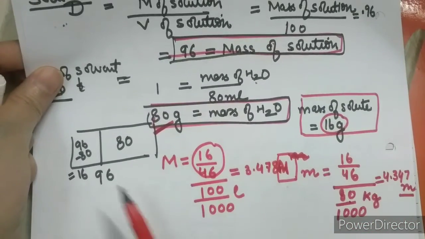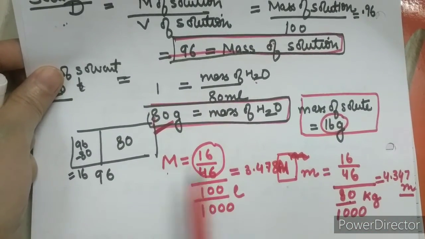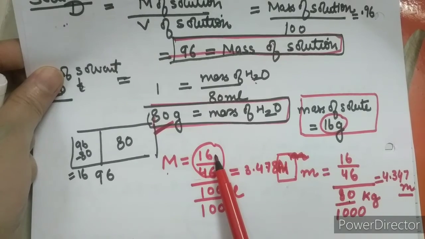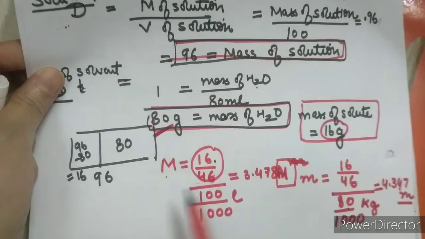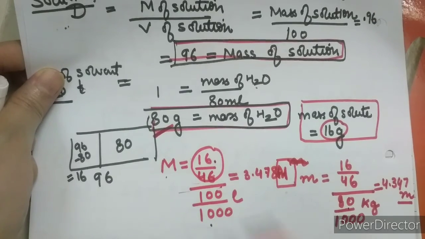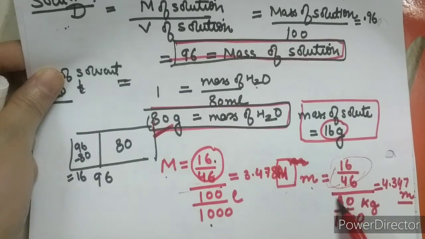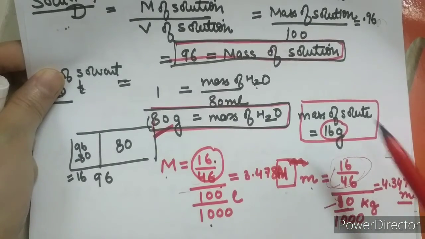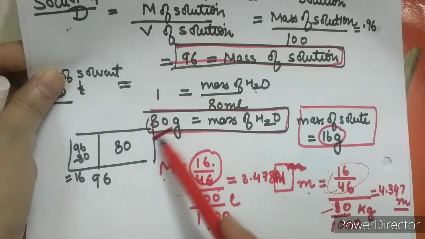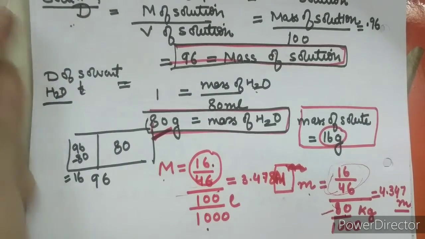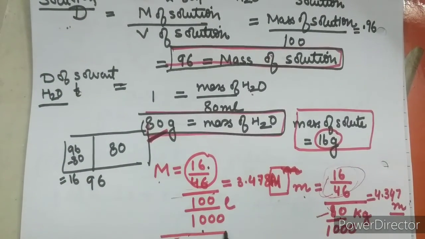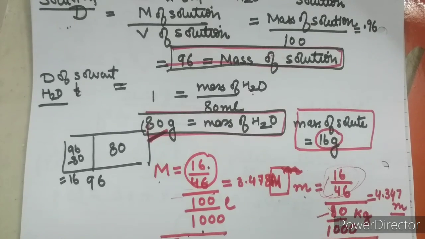Then we can easily apply the formula for molarity, the number of moles, because we have the mass of solute as 16, divided by the volume of solution, which was mentioned in the question. Molality is the number of moles of solute divided by the mass of solvent, which I found from the density of the solvent. So we could easily find both molarity and molality in this question.